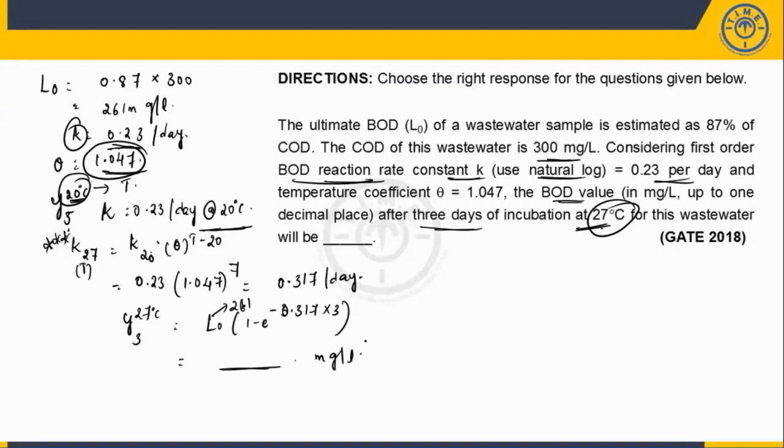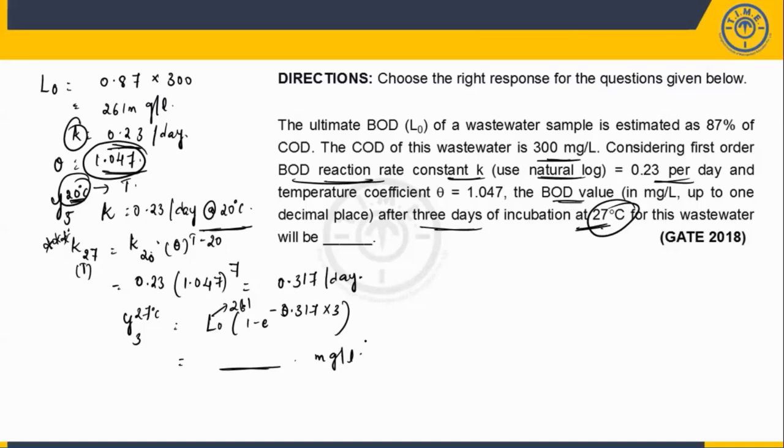First calculate e power. Type e in the calculator, take the power symbol, open a bracket, and type minus 0.317 into 3. You'll get some answer. Store it aside or write it aside.